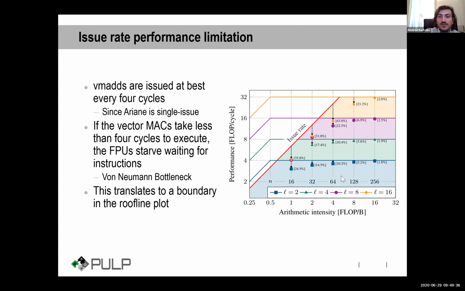On the right plot here we have the roofline plot of ARA, and we can see that by configuring the number of lanes, this is L on the plot, we can increase the peak performance of the ARA vector processor, whose theoretical limit is depicted on the picture.